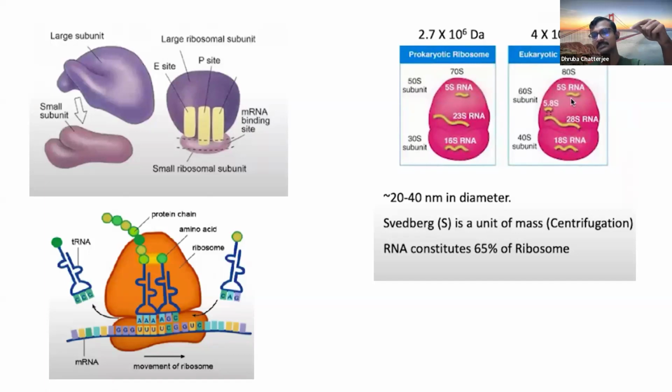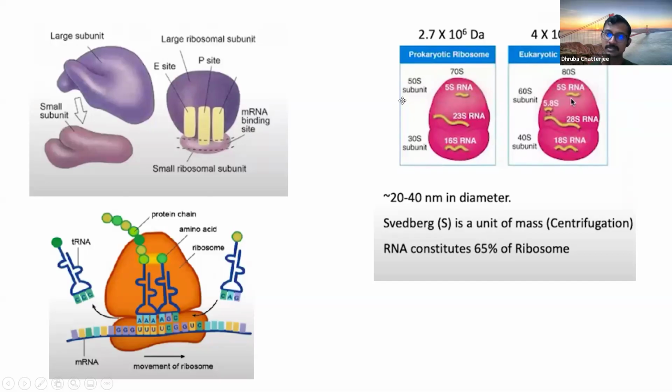One is their effective molecular weight. The more the effective molecular weight, it will try to sediment lower. But when two things come together, their effective hydrodynamic volume, which gives them buoyancy, also comes into the picture. So these Svedberg units are not additive.